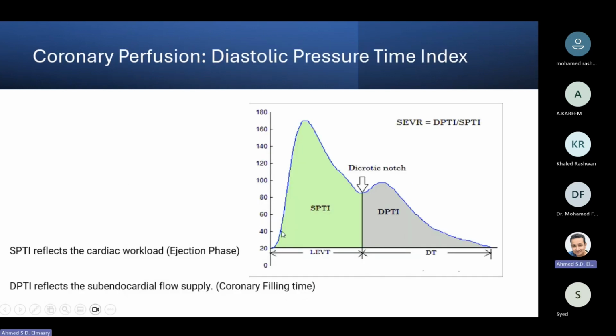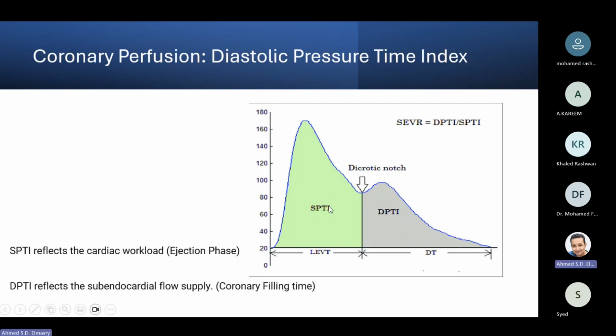And the arterial waveform is divided into two phases. The first phase is called the systolic pressure time index, and the second the diastolic pressure time index. The diastolic pressure time index is the area under the diastolic curve, measuring the pressure inside the ventricles, inside the aorta.